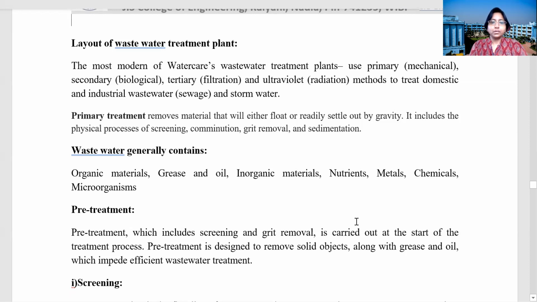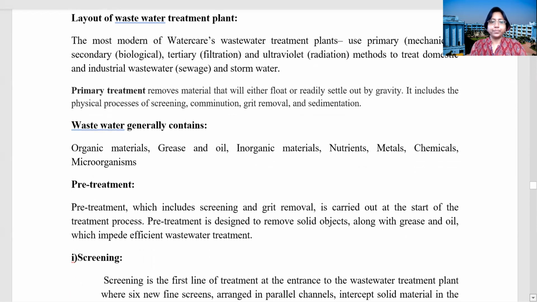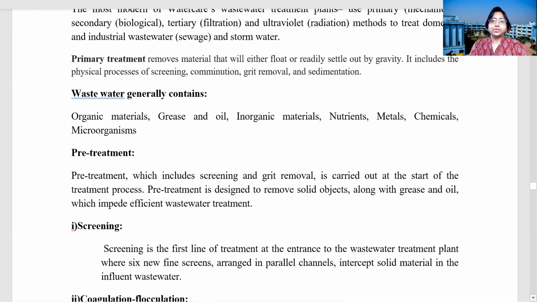So wastewater generally contains organic materials, grease and oil, inorganic materials, nutrients, metals, chemicals, and microorganisms. Sometimes we do pre-treatment, which includes screening and grit removal, carried out at the start of the treatment process.